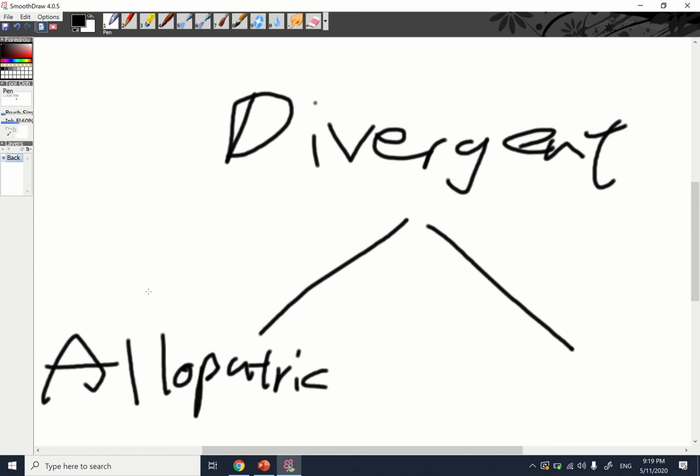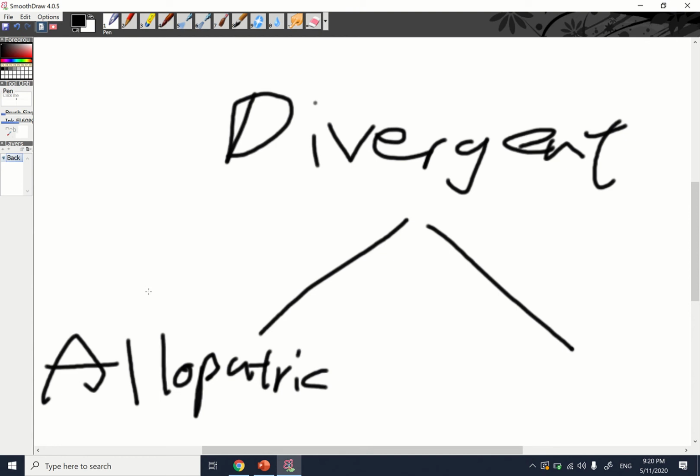So allopatric speciation is an event where two populations that have one common ancestor evolve into two different species due to a physical barrier in between them that stops them from communicating and reaching each other. An example could be a mountain range, river, or ocean.